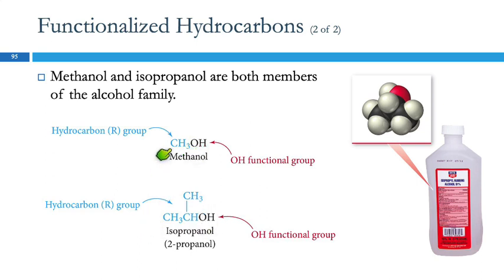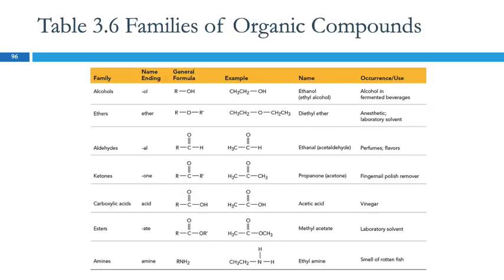So they're different because this one has 1 carbon and this one has 3 carbons. But they're in the same family, they will undergo similar reactions. These are different families of organic compounds. I'd like you to be able to recognize the alcohols, the carboxylic acids, and the amines.